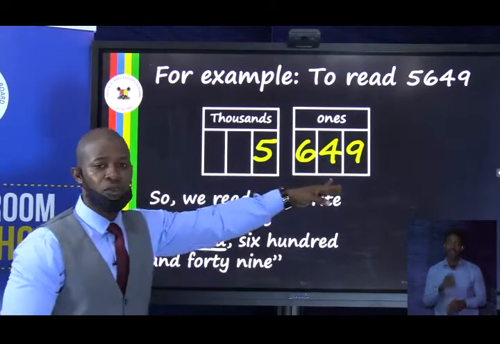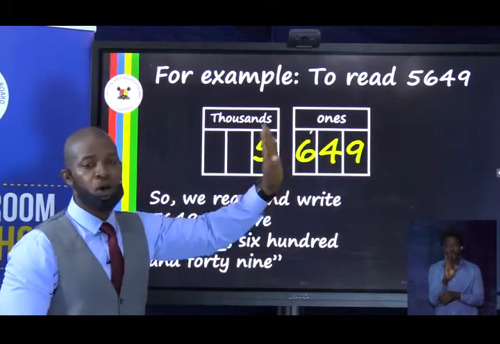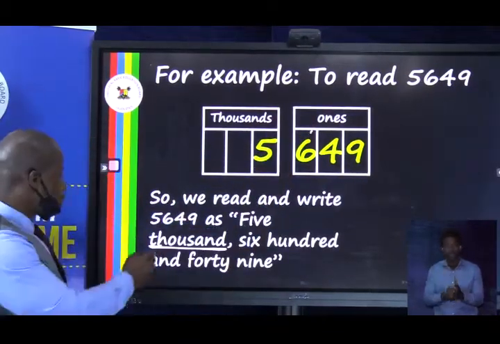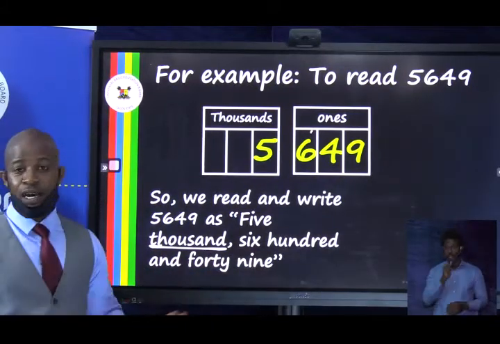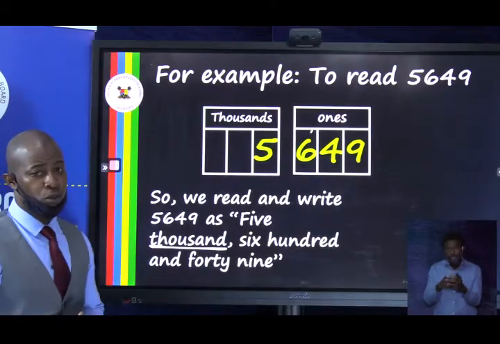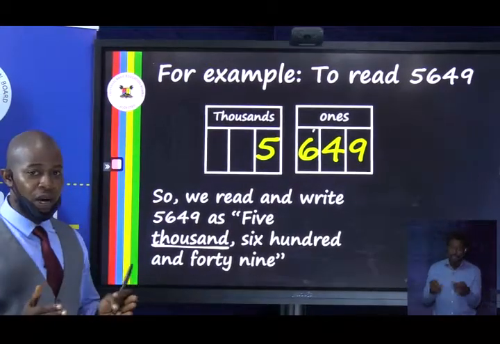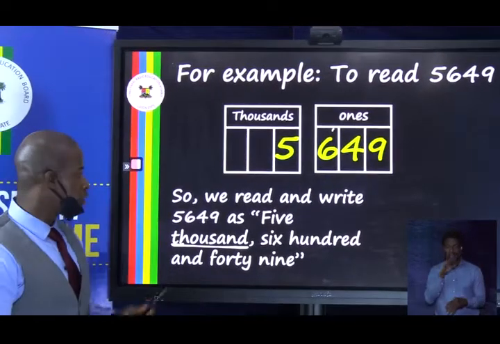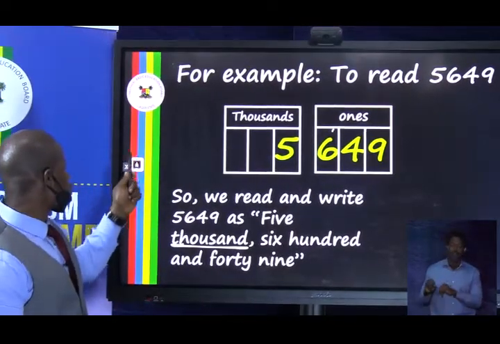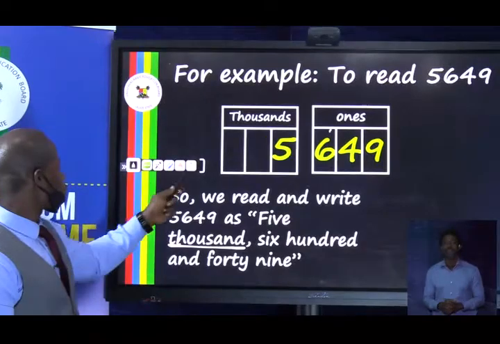You don't need to say 649 ones. Just say 649. So it goes 5,649. And that is it. I'm sure you could read this in the first place. It's just going to provide a guideline on what we're going to be working with in the subsequent examples, as you will see. Okay, so moving on.